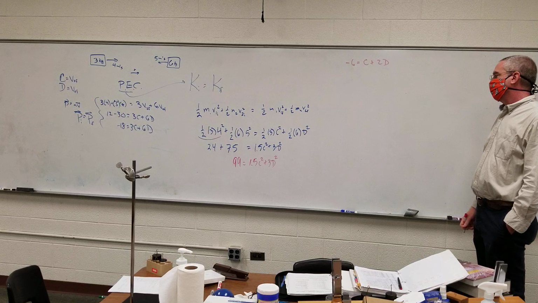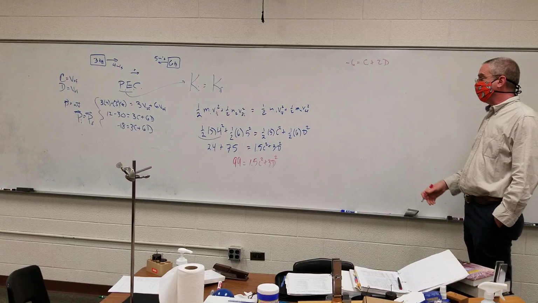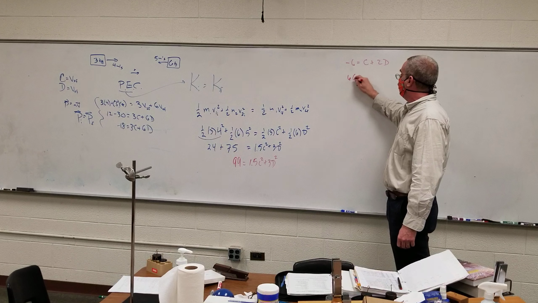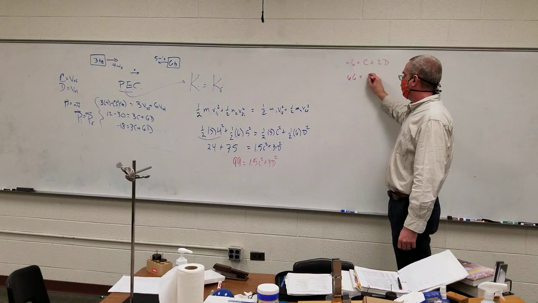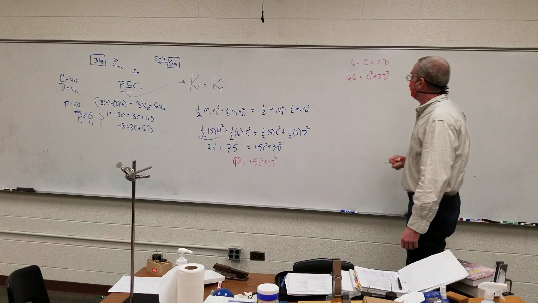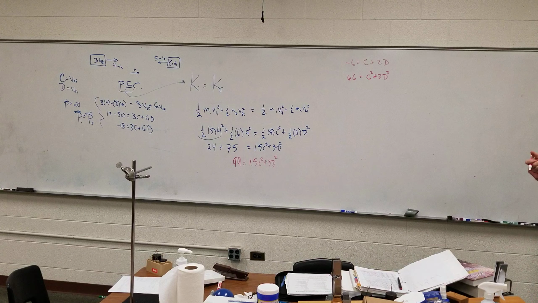And I can divide everything by 1.5, that also works out. That's nice. So I get 66 equals c squared plus 2d squared. Yeah, I feel comfortable with that.